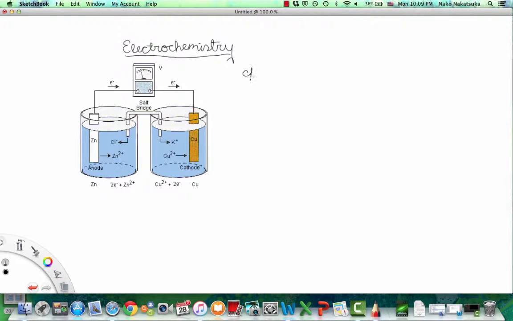And so we're going from chemical energy to electrical energy. Or basically, electric current causes the chemical reaction. So electrical energy causes the chemical reaction. So as you can see, it works both ways.